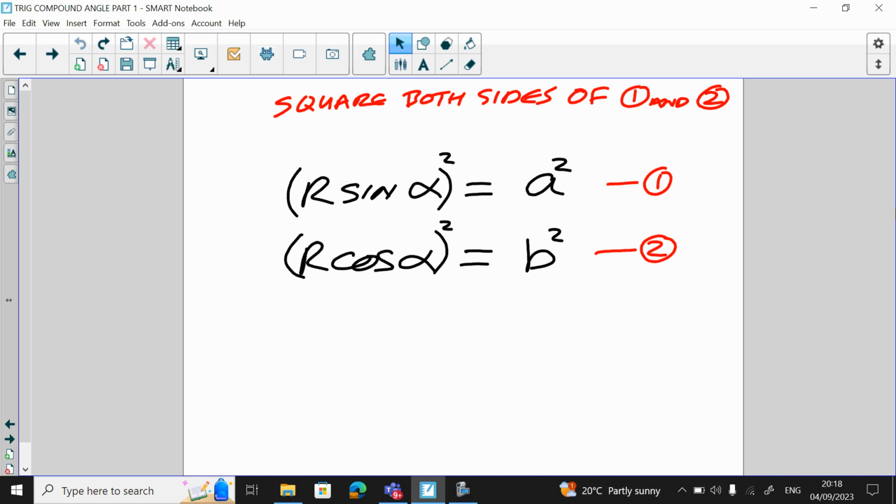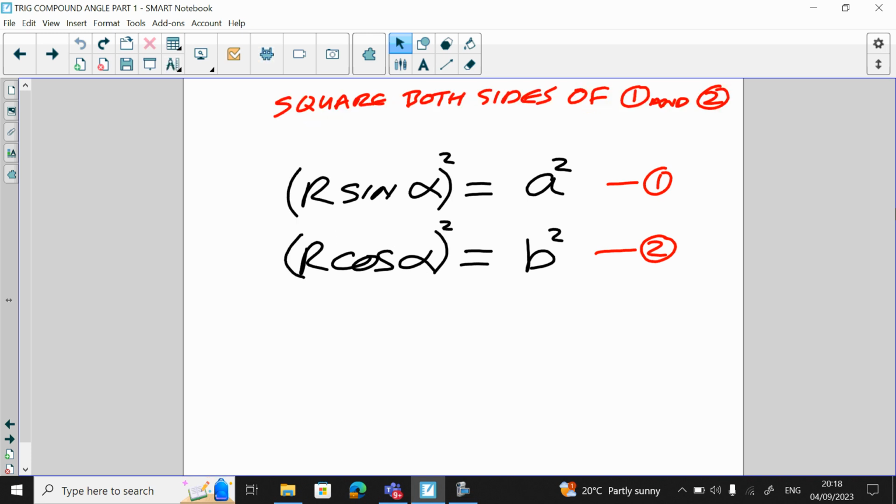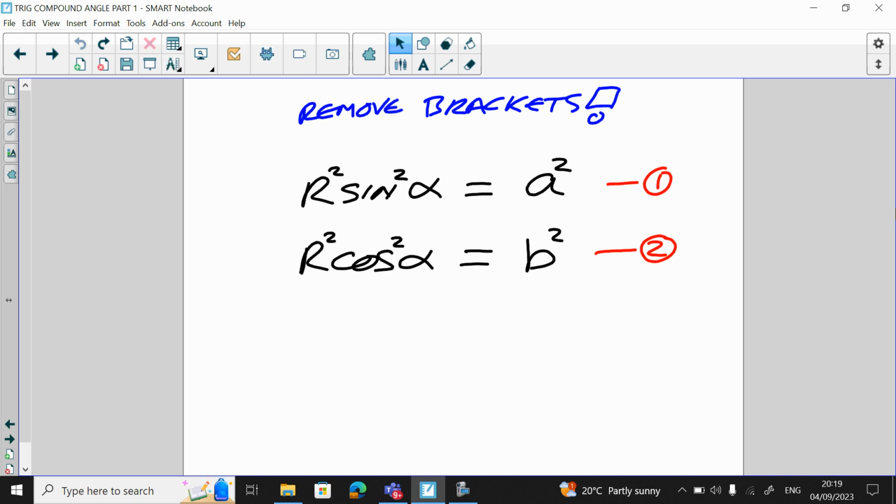Now I'm going to combine these. Say the brackets here: if I'm squaring things on the left-hand side, R gets squared, sin alpha and cos alpha both get squared, and usually we put the squares between the trig part and the argument angle. So that's what we've done there.